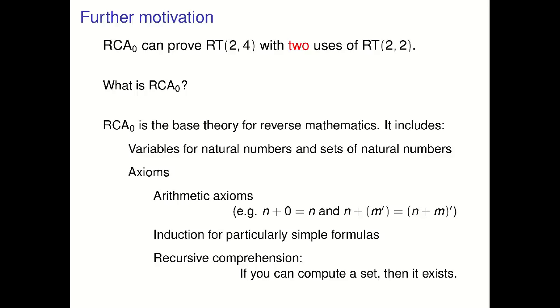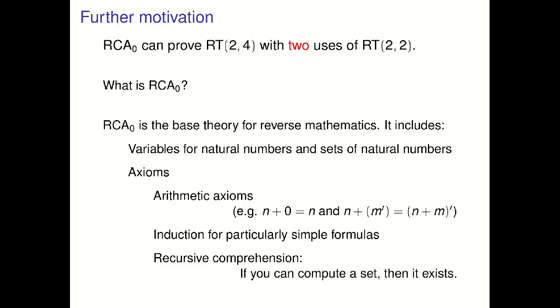And it's a subsystem of second-order arithmetic. So it has variables in it for natural numbers, and also for sets of natural numbers, but not for objects of higher type. And a variety of axioms, so arithmetic axioms. Rather than giving you a complete list, I gave you some examples here.